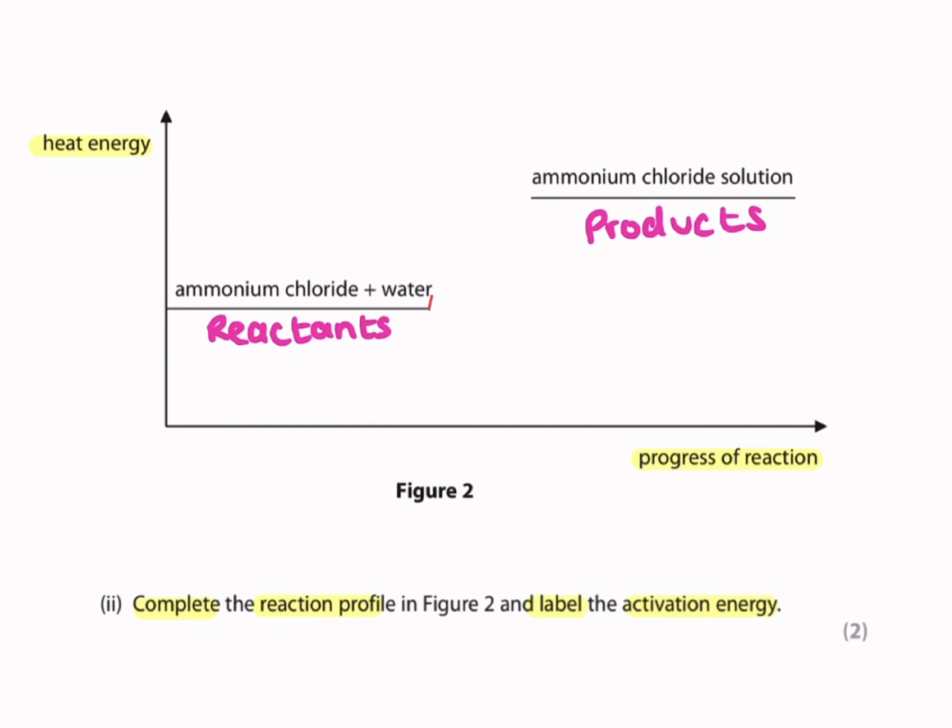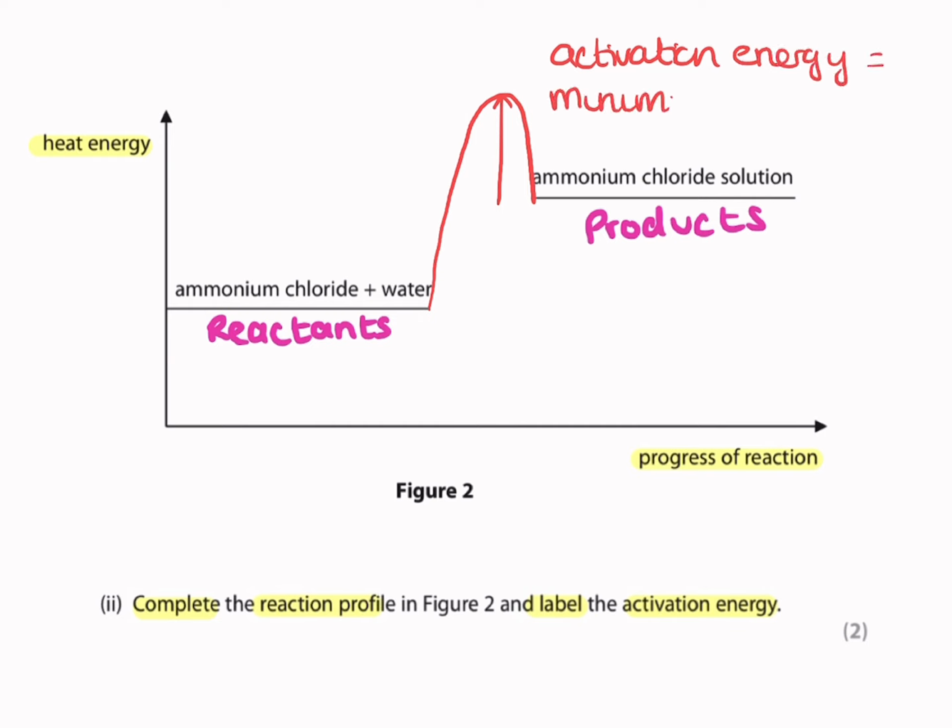For the second part of the question, it wants us to complete the profile. We know it's endothermic, we know heat energy is taken in, so we draw our line there, and then we label activation energy. Remember that activation energy is the minimum level of energy required for a reaction to take place.